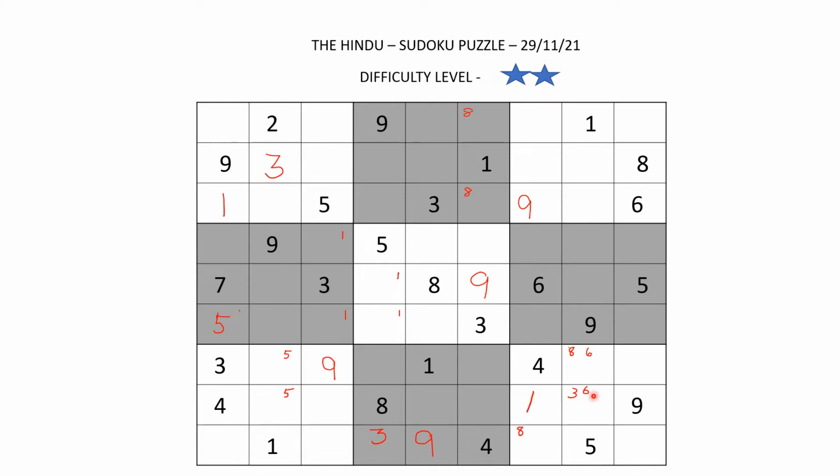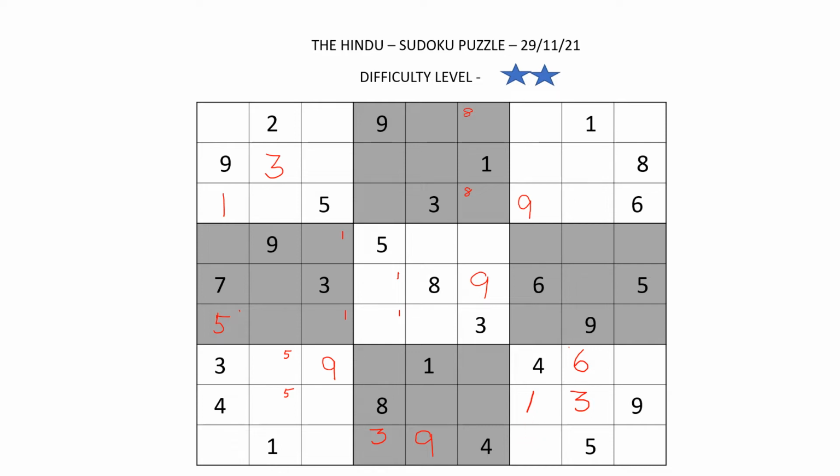Now that obviously leaves this one cell having 3. So this becomes a 3 now. So now next this cell takes a 6. This is the power of marking with small numbers, so that when we find out one number, the other number is very easy to find out. 6, and this cell takes a 8.